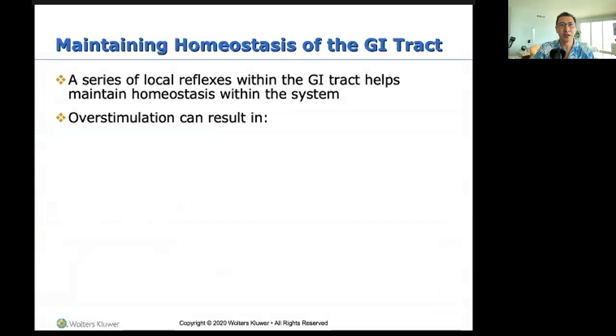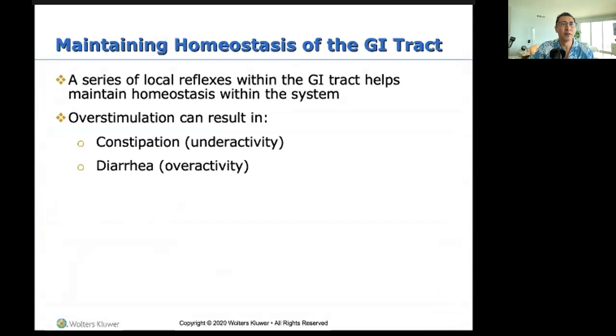So our job is to maintain homeostasis of the GI tract, because understimulation of the GI tract causes constipation, and overstimulation causes diarrhea. And we can fix both. It's easy.